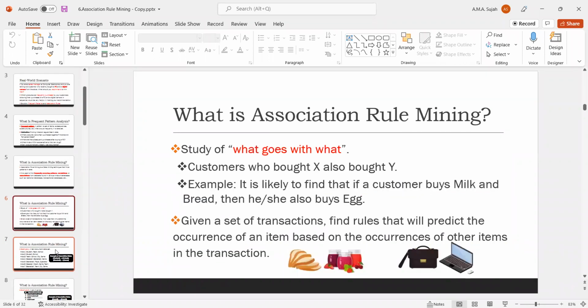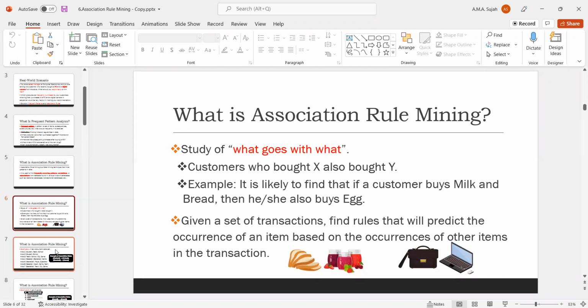Association rule mining means we are studying if person X buys a particular product A, then there is a possibility they will buy product B. What goes with what? Let's say someone is buying bread. There is a possibility they will buy jam.